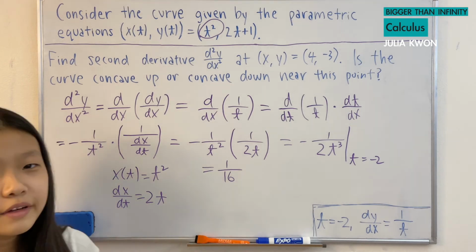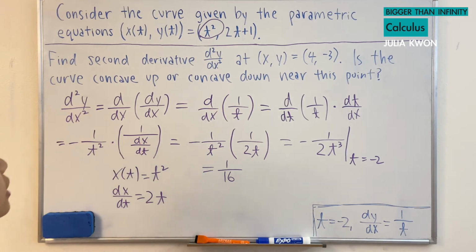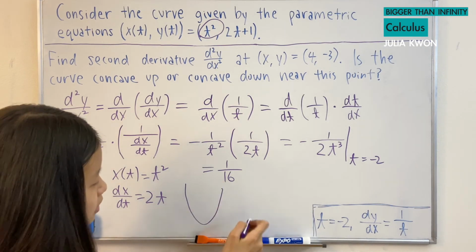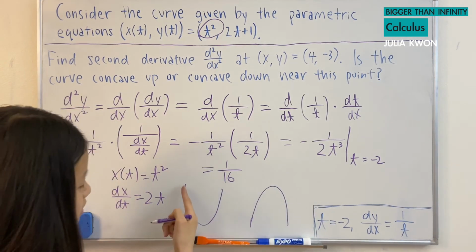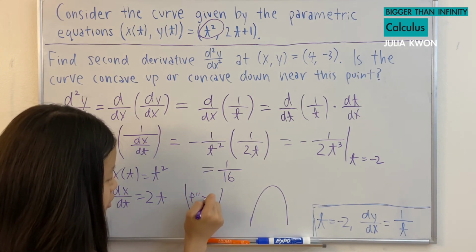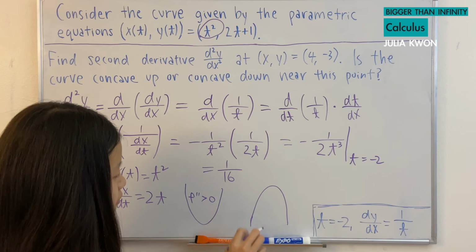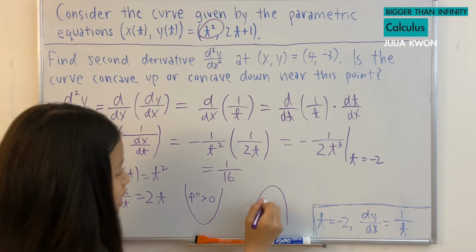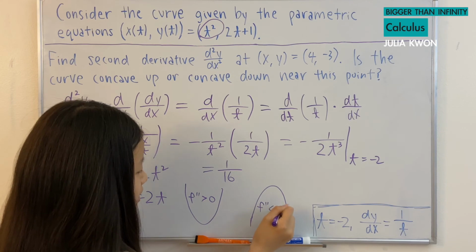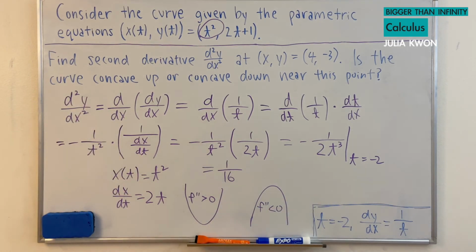If you don't know already, to figure out if it's concave up or down, this is how I memorize it. This is concave up and this is concave down. This is like a smiley face, right? So f double prime has to be positive. And if it's concave down, then it's feeling bad, so it's less than 0.